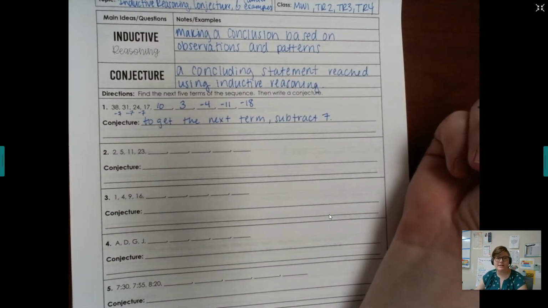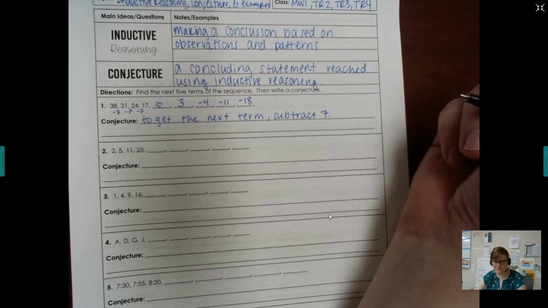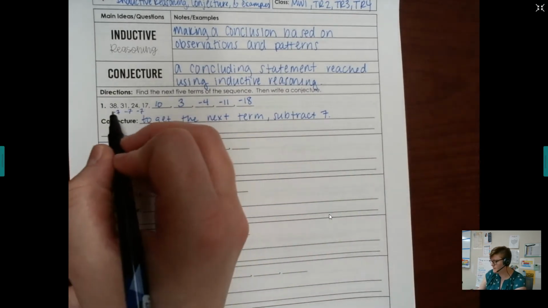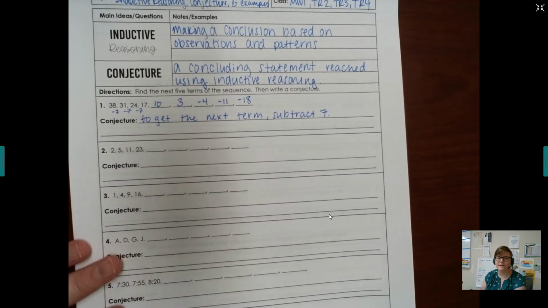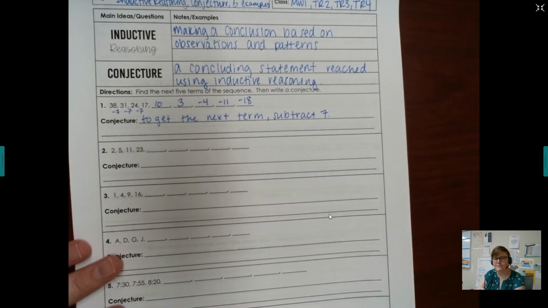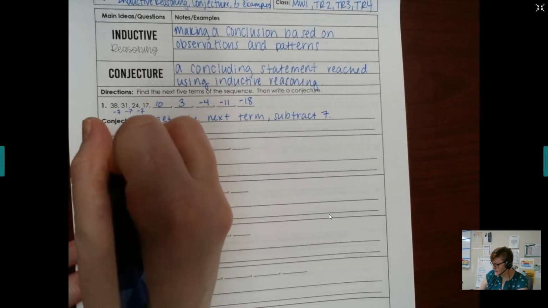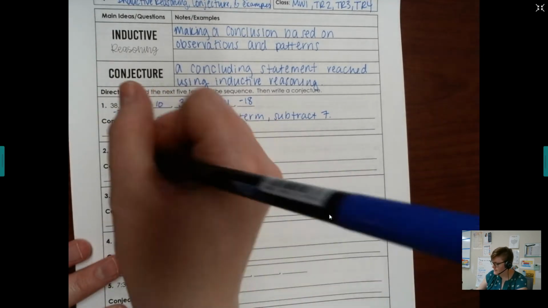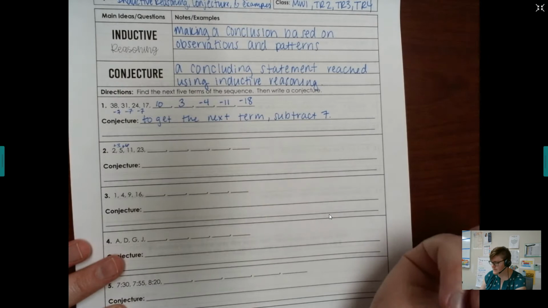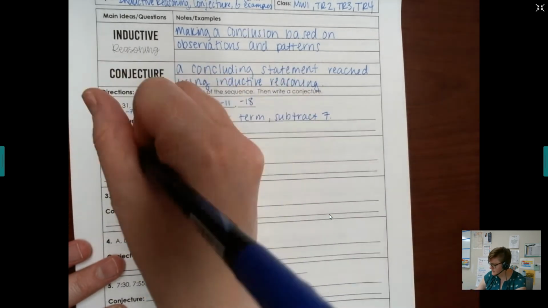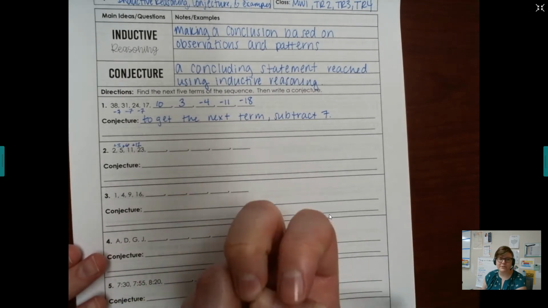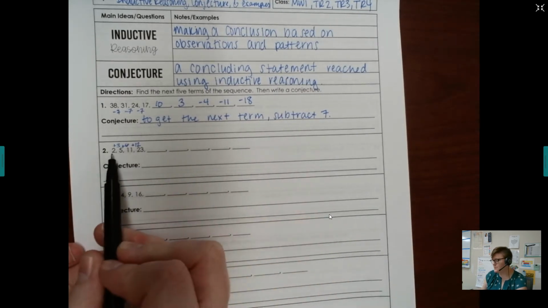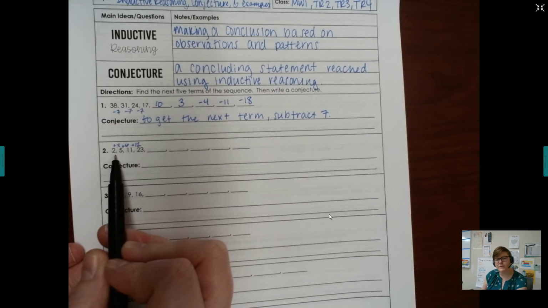Right. Then the next one, we've got 2 and 5 and 11 and 23. This pattern's not quite as obvious. So you think about it as, okay, here I added 3, here I added 6, here I added 12. It looks like the number I'm adding is doubling each time, and it's also one more than the number before it.